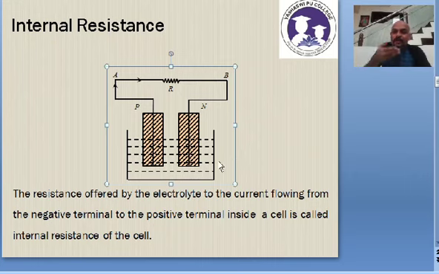There is opposition offered by the electrolyte to the flow of charges from the negative electrode to the positive electrode of the cell, and that is called internal resistance. Whereas this one is R, capital R, the external resistance, and here the resistance offered by the electrolyte of the cell to the flow of charges is called internal resistance, which is usually denoted by small r. That is called internal resistance.